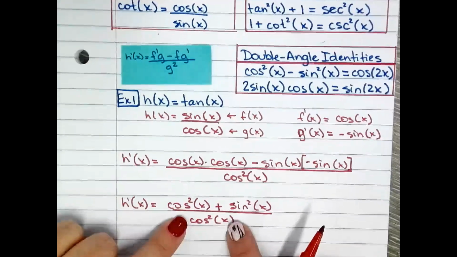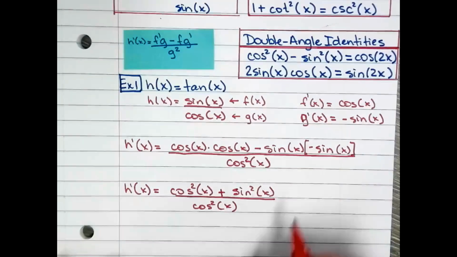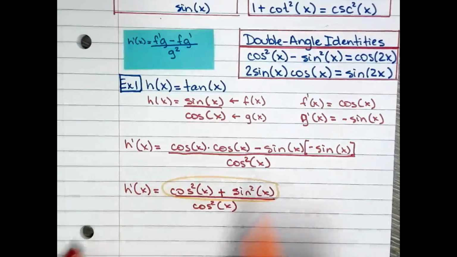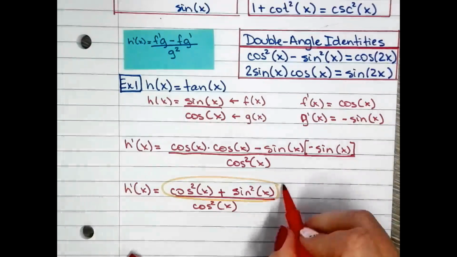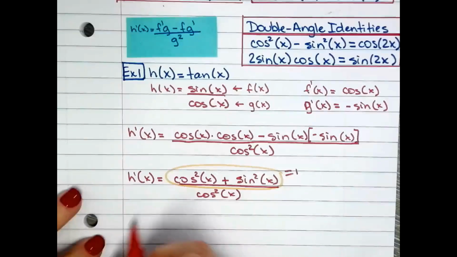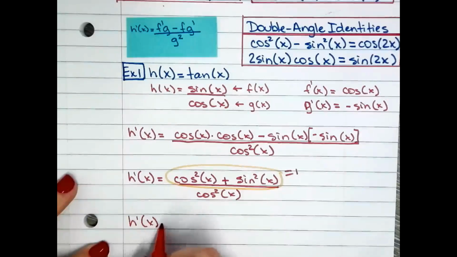So that's going to make it easier to simplify. If I know this whole thing equals 1, then I know h prime of x will be 1 over cosine squared of x.